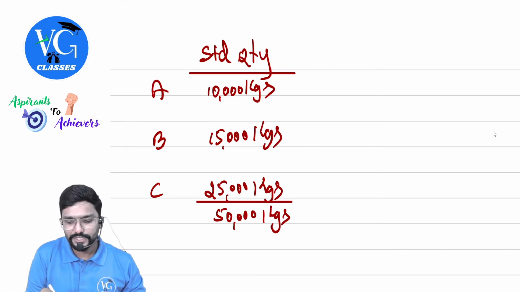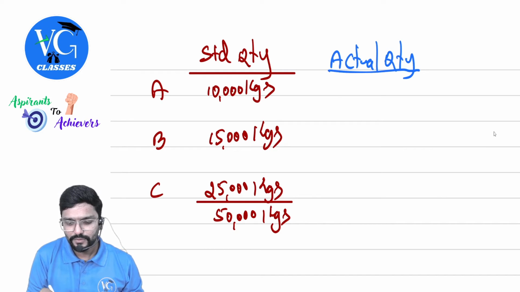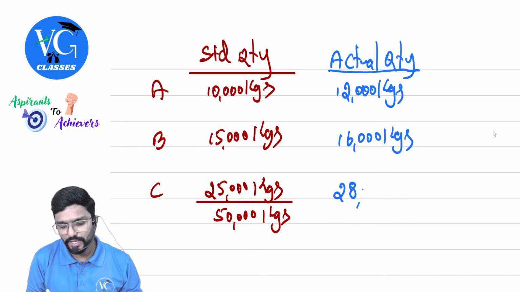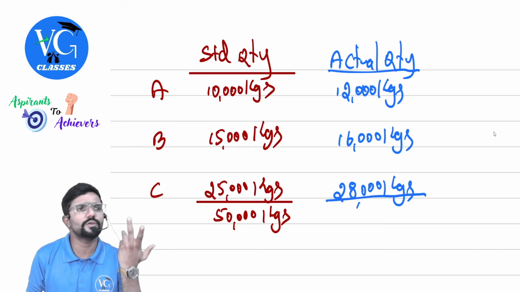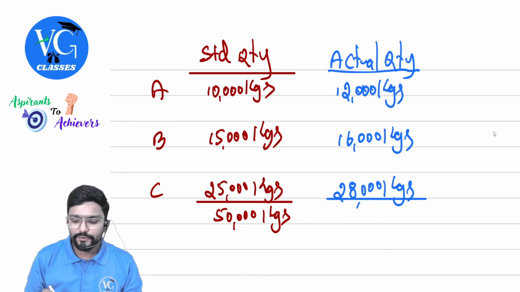But actual is how much, sir? Actual quantity: 12,000, here we have 16,000 and here we have 28,000. Everything more. Okay, maybe I have produced more. Who knows? So 56,000 kgs.